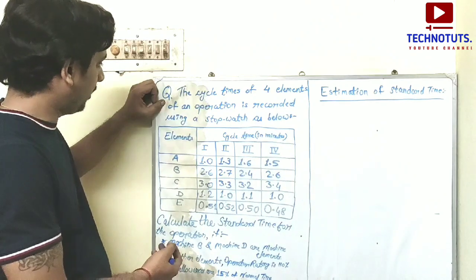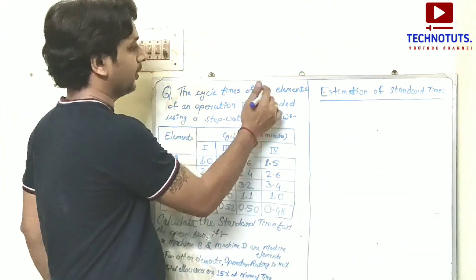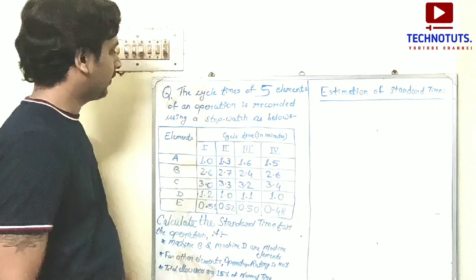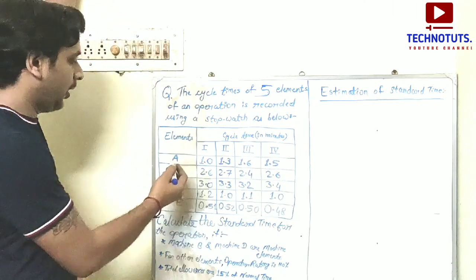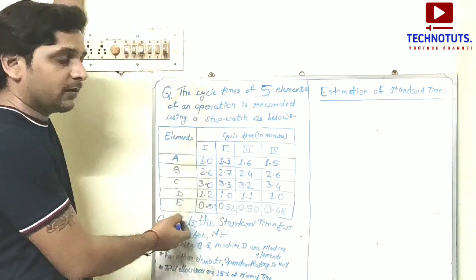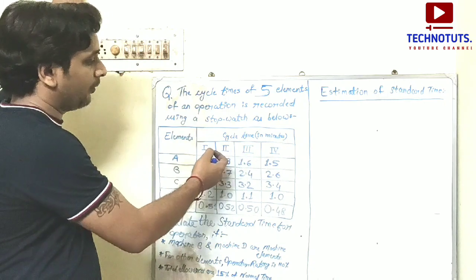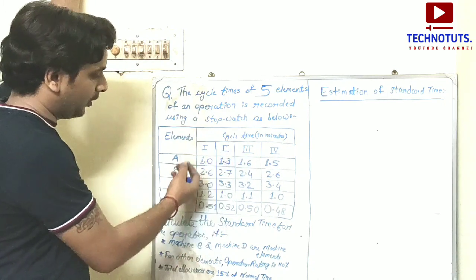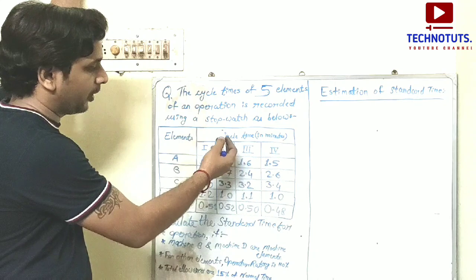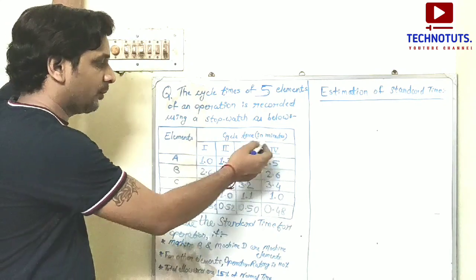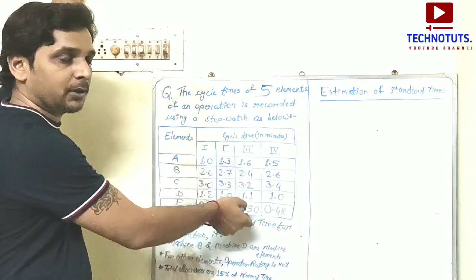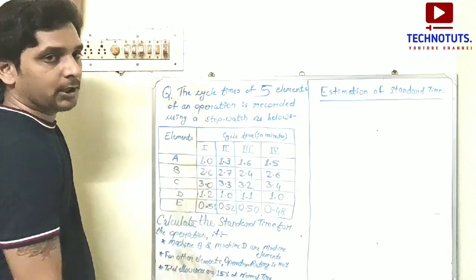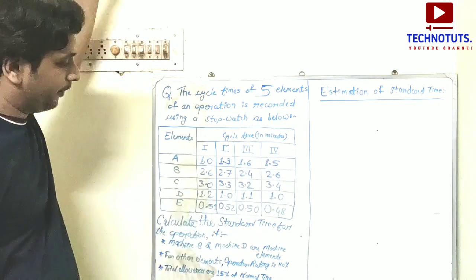Sorry, 5 elements have been used here: A, B, C, D, E. Cycle times for operator number 1, operator number 2, operator number 3 and operator number 4 are given for all the elements from A to E.